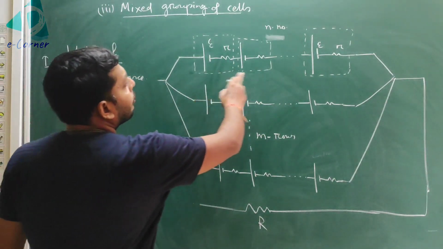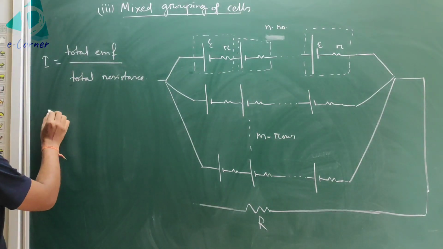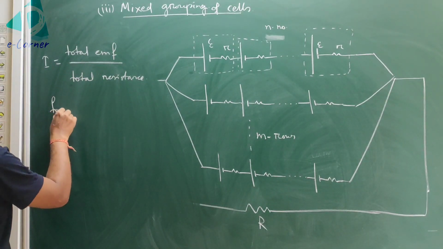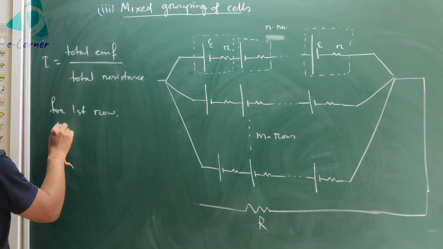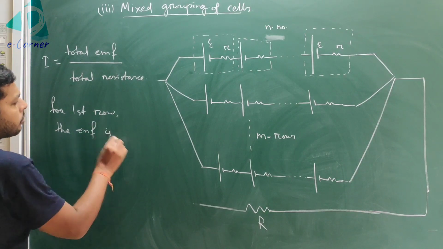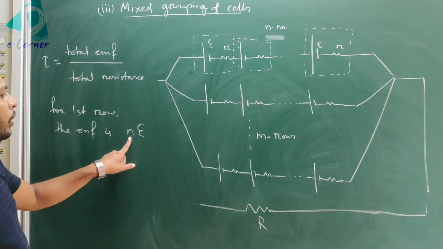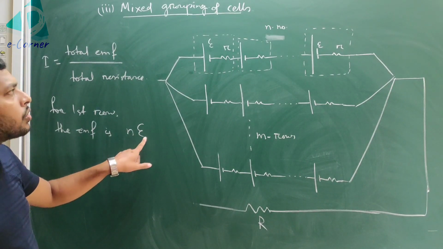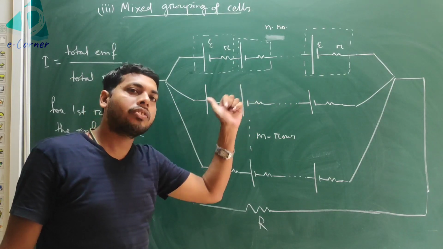So for the first row, the EMF is n into E. Why? Because n cells are connected in series and their terminals are oriented in the same direction.